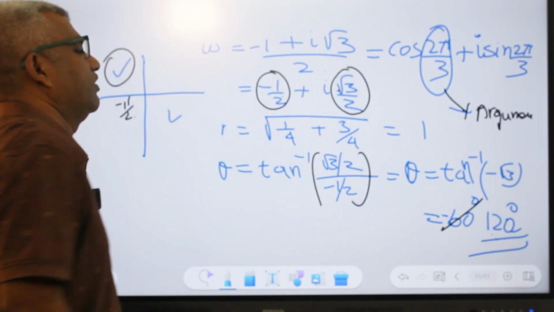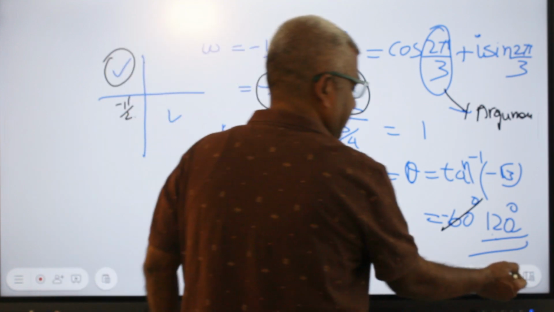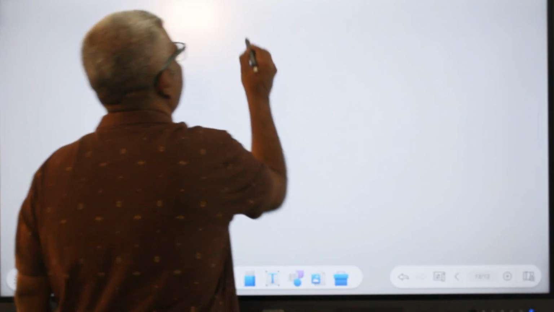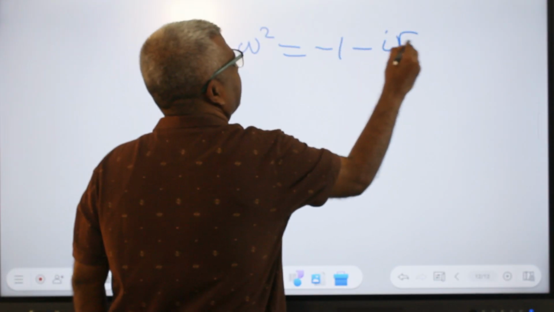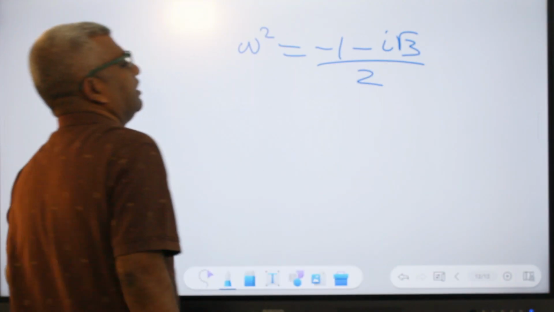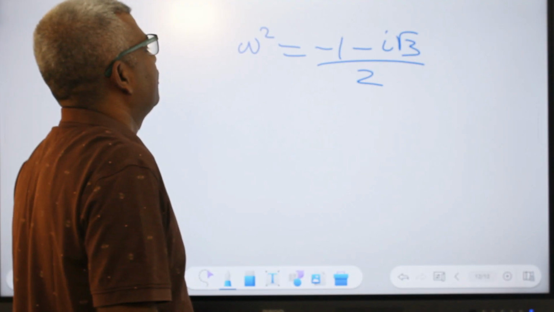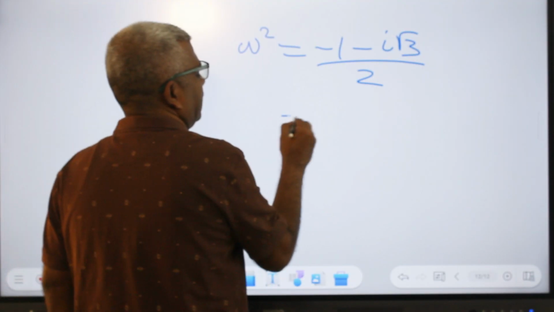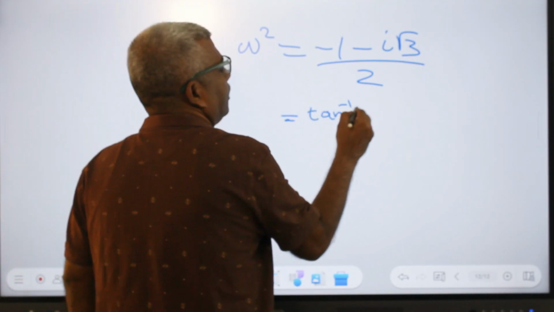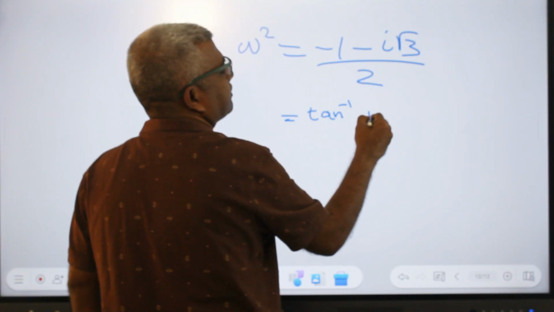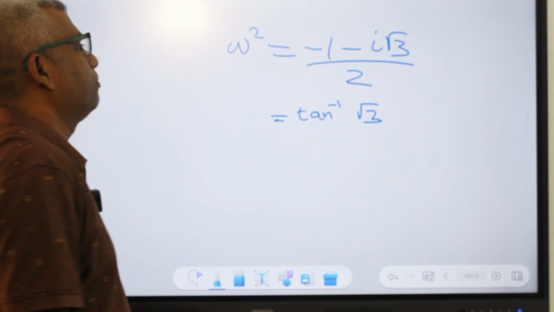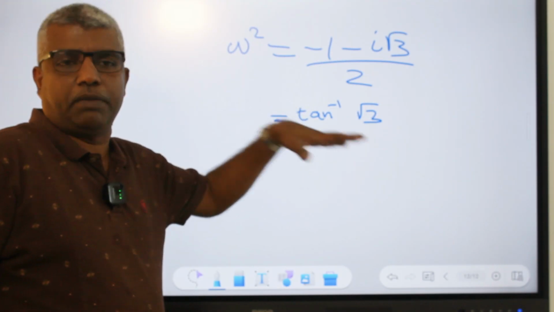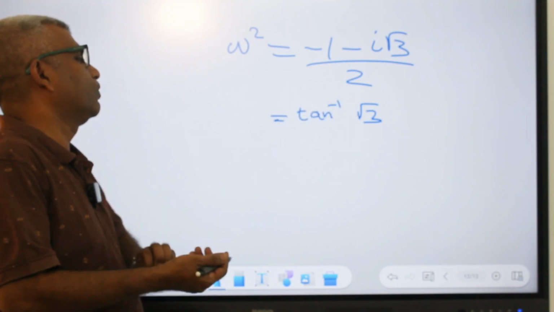Now omega squared, minus 1 minus i root 3 by 2. Here also we do the same. Tan inverse of minus root 3 by 2 over minus 1 by 2 will become root 3.